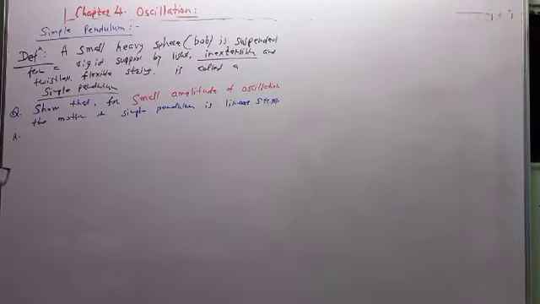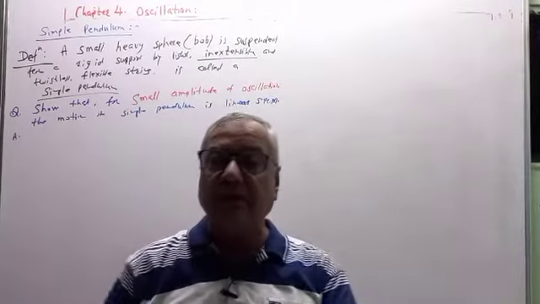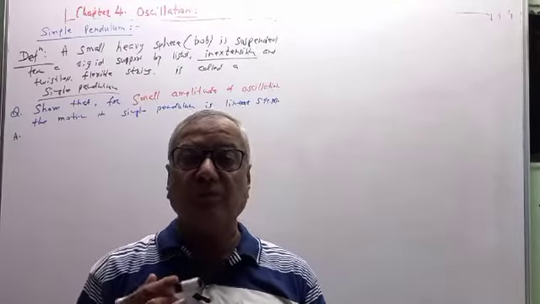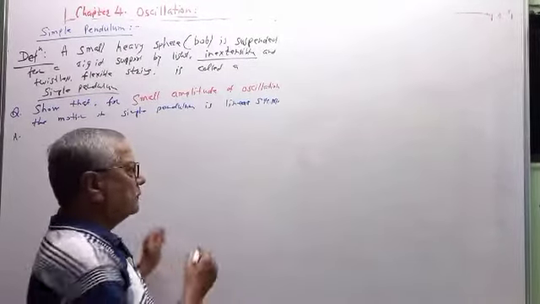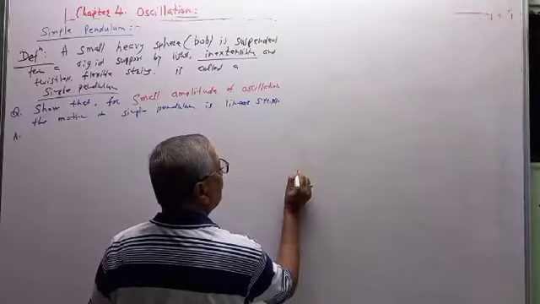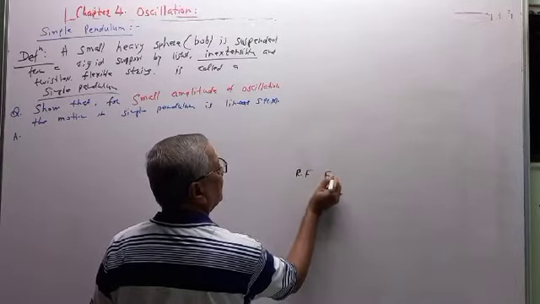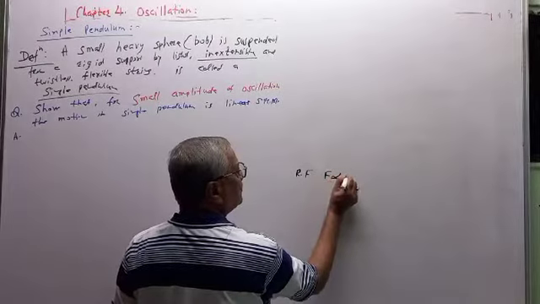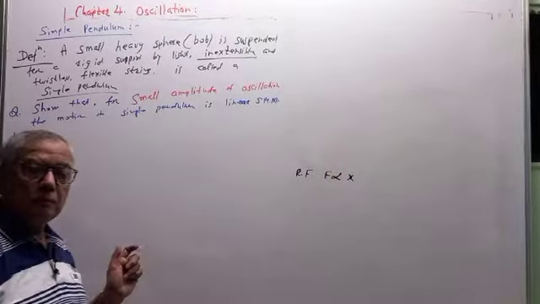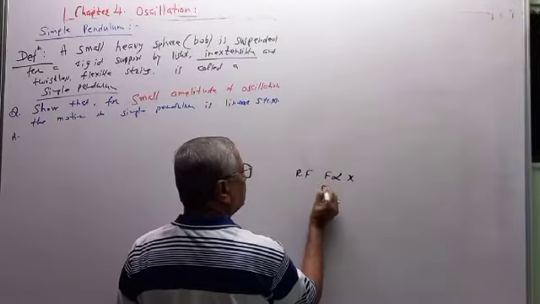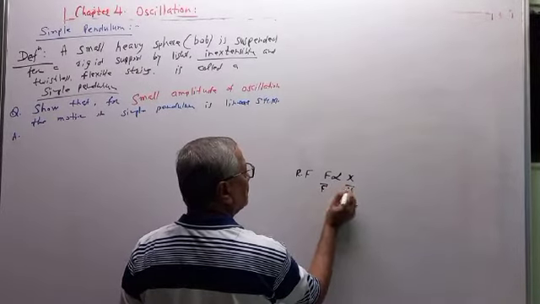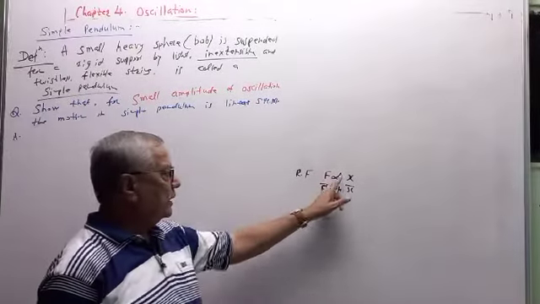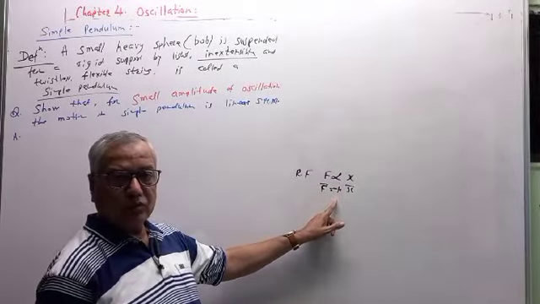In the definition of linear SHM, we have seen that when a particle performs SHM, a restoring force acts on it. What is the property of the restoring force? Its magnitude is directly proportional to the displacement from the mean position, and the direction of the restoring force and the direction of the displacement are opposite. K is the constant of proportionality, called the force constant.